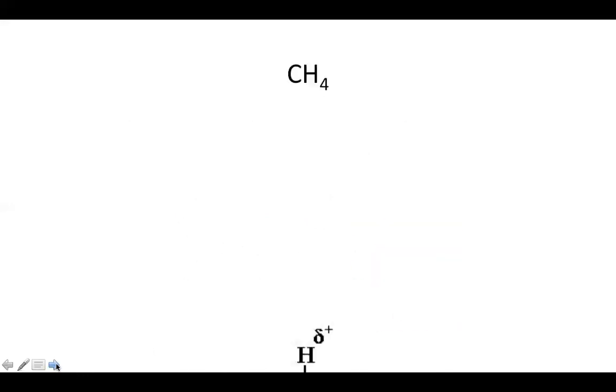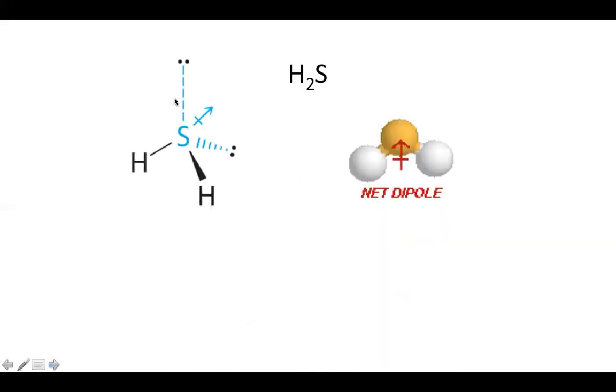Okay. And then there's still a whole bunch more examples here. Again, if you add in lone pairs, it will cause molecules to have a bent shape, as we talked about in the VSEPR theory video. That will throw off the symmetry and cause the molecule to be polar.